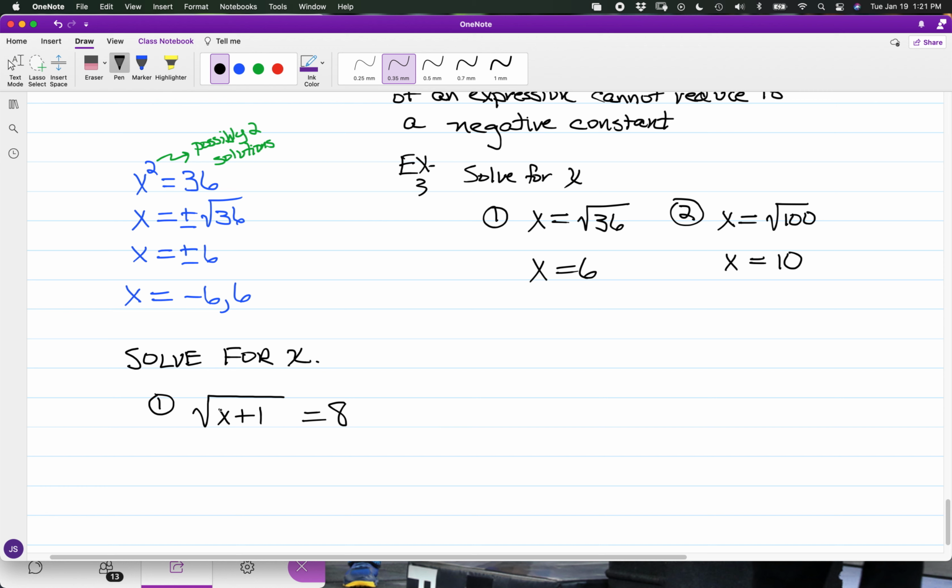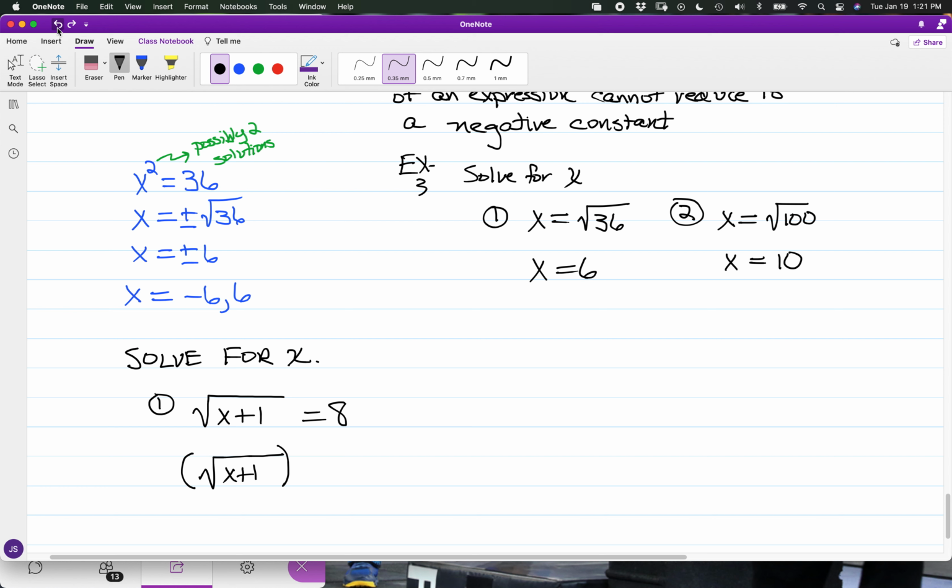And we have the even root with the square root. Square root of x plus 1 is equal to 8. 8 is positive, so we're at least going to have a solution. Now, to get rid of the radical and thus free up what we have in x, we can undo the presence of the square root by squaring both sides of the equation.